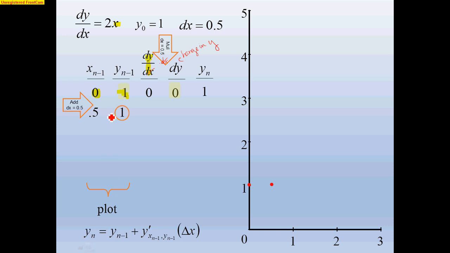Go to the derivative with your new point. Plug in the derivative, and again for us that's only going to be 0.5. And I get 1. Multiply 1 by dx. That's how much I'm going to change y by. So what was my y? 1. Change it by 0.5. And get 1.5.